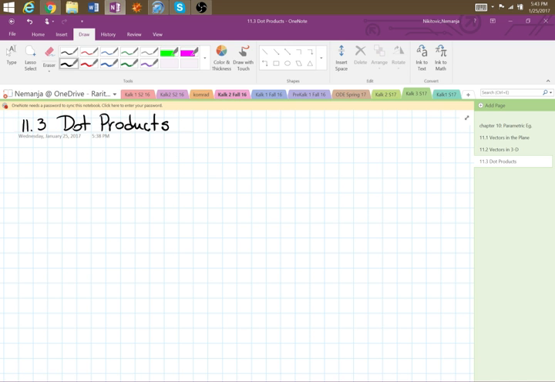So we are going to start first with the dot product. The dot product in 1D is your regular multiplication. You hopefully know that 3 times 5 is 15. That is the dot product in one dimension.